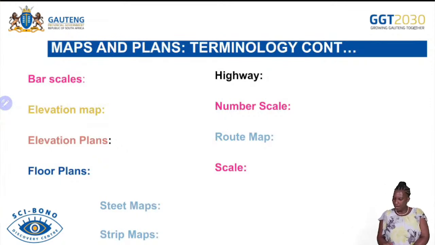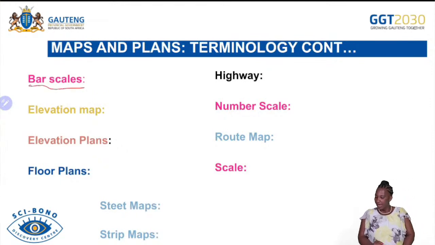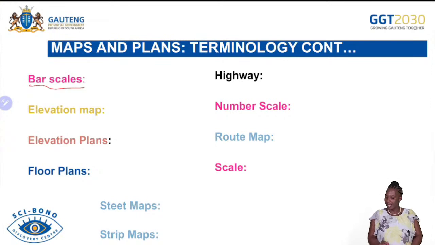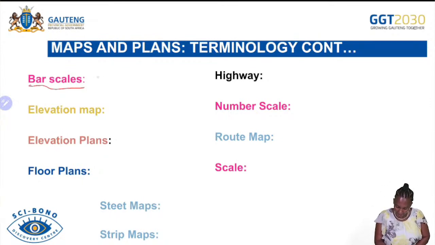You need to know when we are talking about a bar scale. A bar scale, remember what is a bar scale? Let me draw it for you so that you can understand. A bar scale will be represented like this because it is a bar.